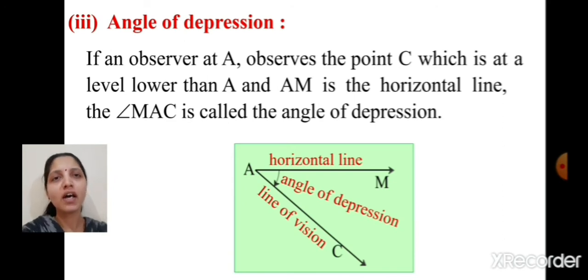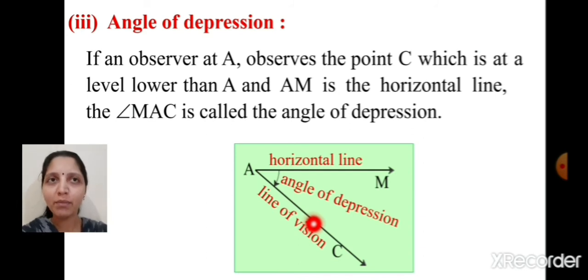These are the important concepts, and here segment AC will be the line of vision, because the observer at point A observes the object at point C. Whatever segment is formed here is called the line of vision.